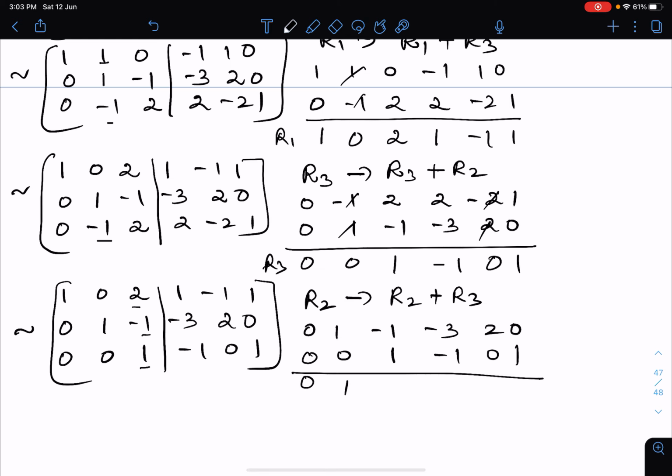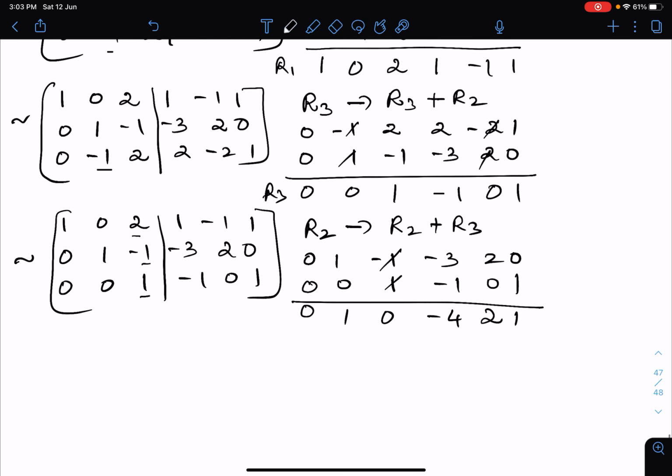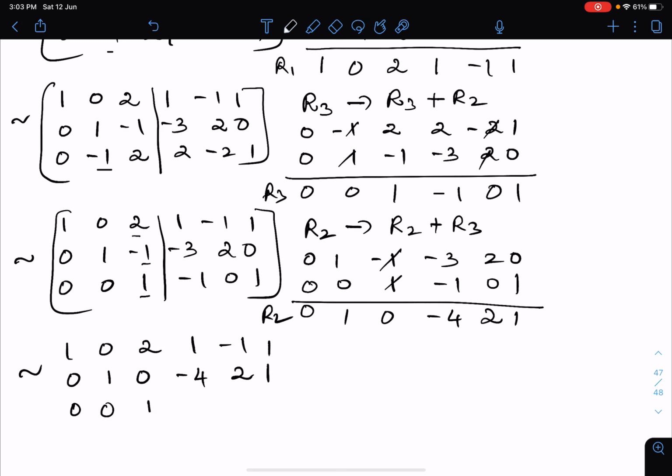So it is 0, 1, this gets cancelled 0, this is minus 4, and this is 2, and this is 1. Okay, this is going to be our new R2. So you can write the equivalent matrix 1, 0, 2, 1, minus 1, 1, and R2 is 0, 1, 0, minus 4, 2, 1, and our R3 0, 0, 1, minus 1, 0, 1.